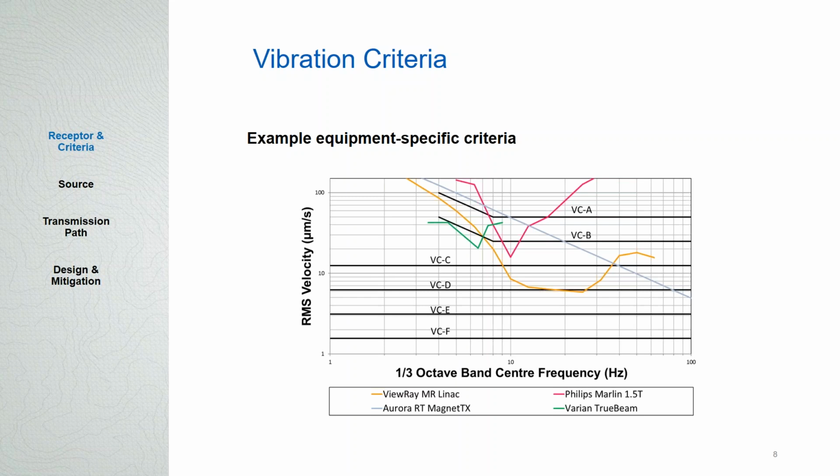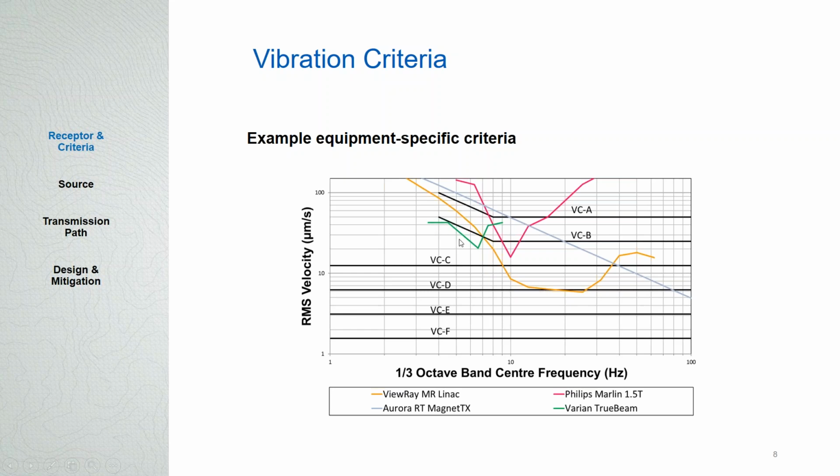So we've got various different types of equipment shown down here. We've got a LINAC, we've got a few MRIs as well, and then they're plotted here, and we see the VC curves. And so we see in general, the worst case is kind of VCD, which is probably, you know, reasonable, it's what we're expecting, in the right ballpark. And then we see the other curves are actually less stringent.